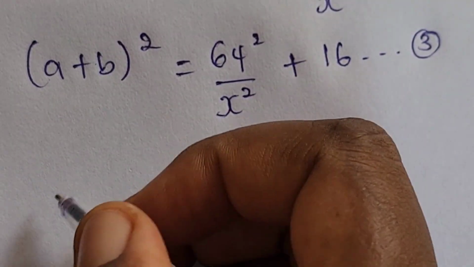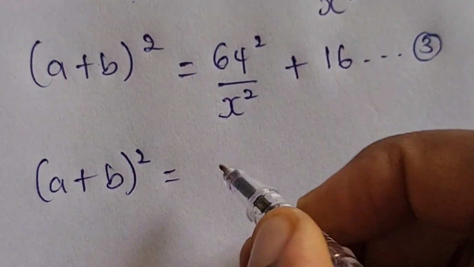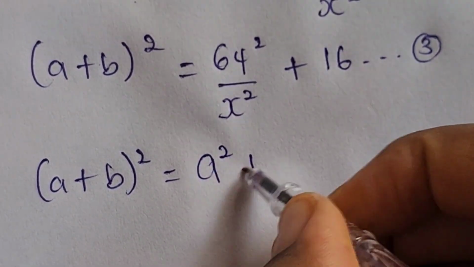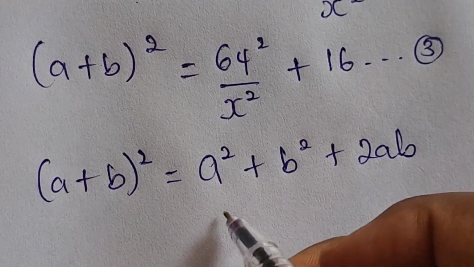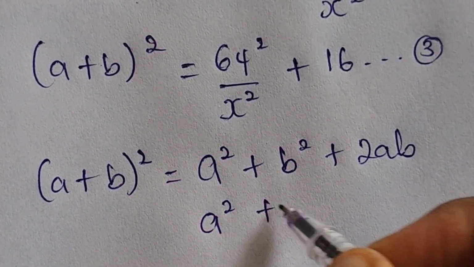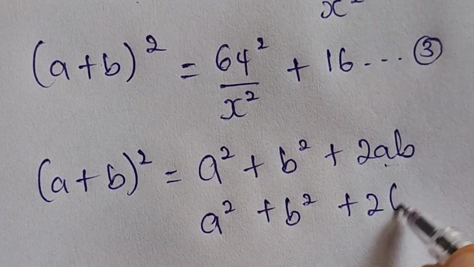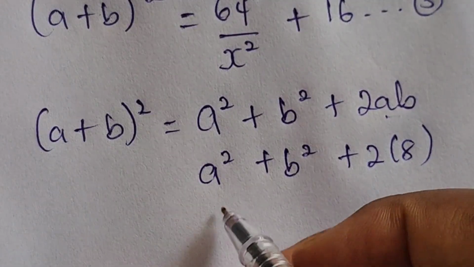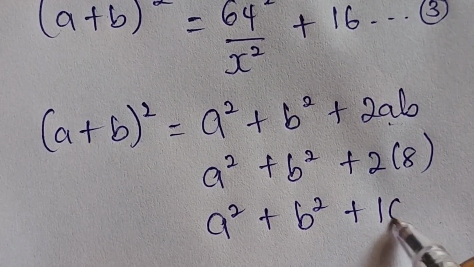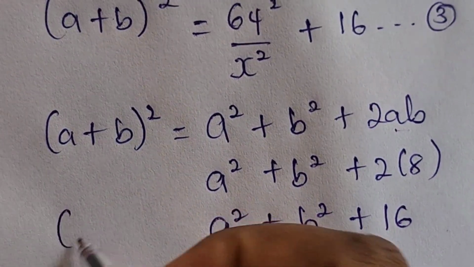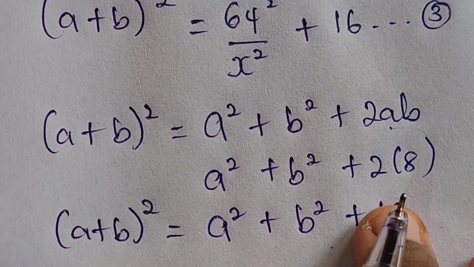So let's recall that a plus b all squared is equal to a squared plus b squared plus 2ab. So we have a squared plus b squared plus 2 times ab, and our ab is equal to 8. So we have a squared plus b squared plus 16. That means a plus b all squared is equal to this.